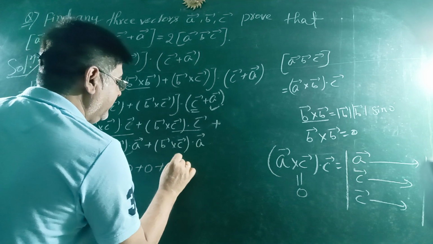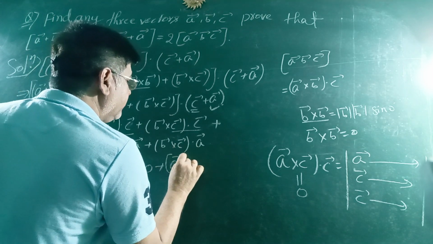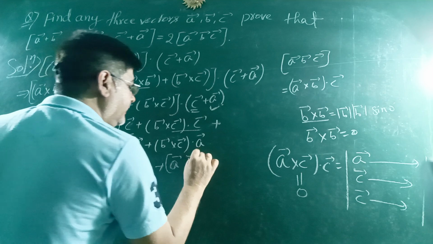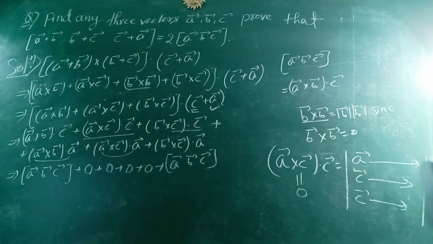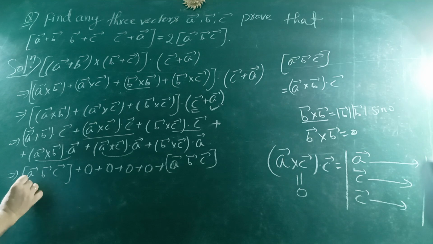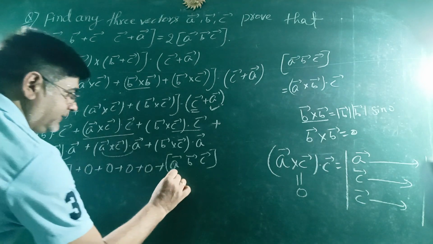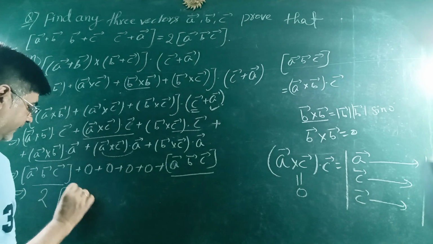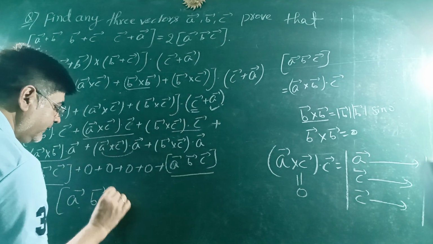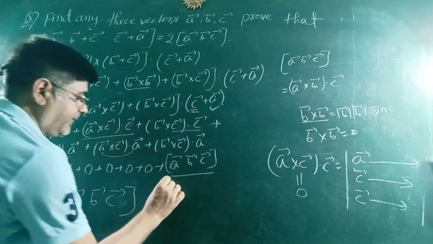And this is the A vector dot A vector, B vector, and C vector. Clear? So final result, this is the first and second, it means 2 times of A vector, B vector, and C vector transform.